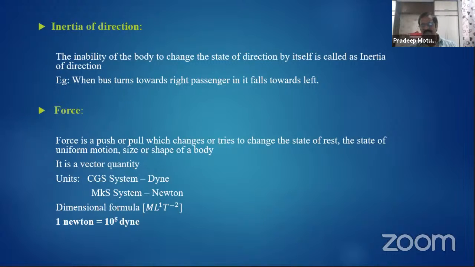There is a relation between the newton and the dyne, like meter and centimeter, like gram and kilogram. 10 to the power of 5 dynes is equal to 1 newton. As you know, the newton is a bigger quantity than the dyne. That is, 1 newton is equal to 10 to the power of 5 dynes. So remember, these things will arise while doing the problems.